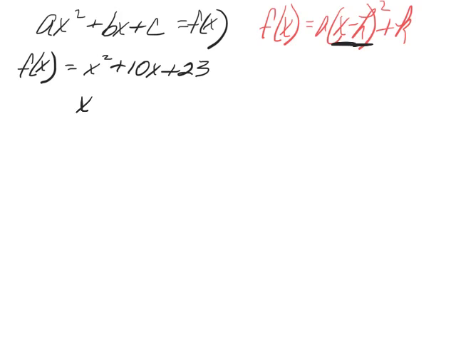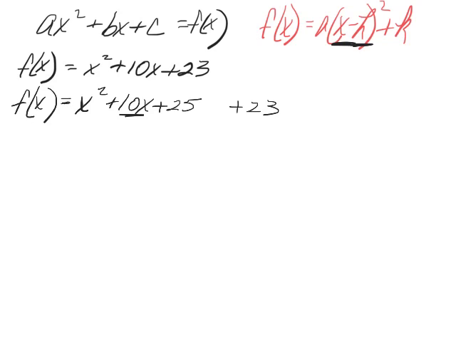What we're going to do is put this here, and put the plus 23 over here. So we're going to take our term with the x variable, take half of it, and then square it. Okay, this is still f of x equals.